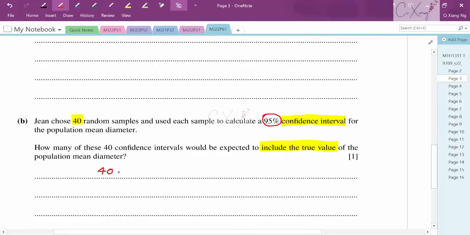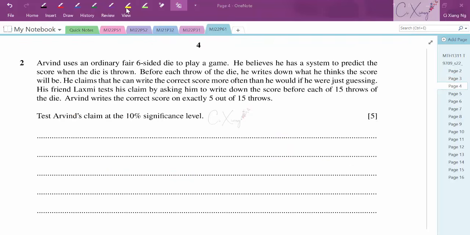It will be 40 multiplied by 0.95. So 95% of the 40 random samples will include the true mean, where the value that you get should be equal to 38.